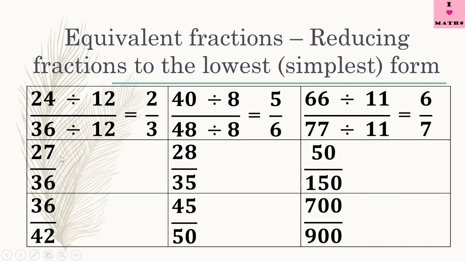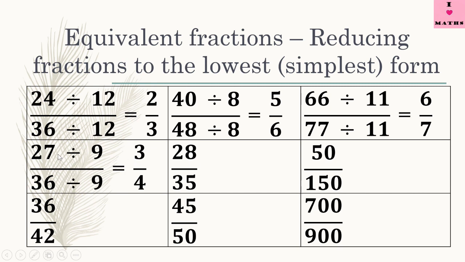Okay, let us move further. 27 upon 36. Chalo, let us see, children, if you can guess it. Come on. Think. In which table 27 and 36 both come? Think. Okay, let me click. Yes, the table of 9. 27 divided by 9 is equal to 3.